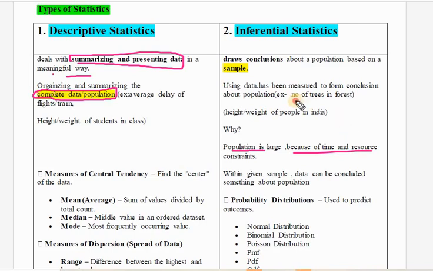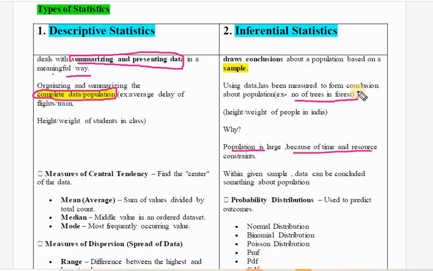We did not go and count every tree; from the sample we have taken, we calculated with the help of statistics for the whole forest area. So this is inferential statistics.